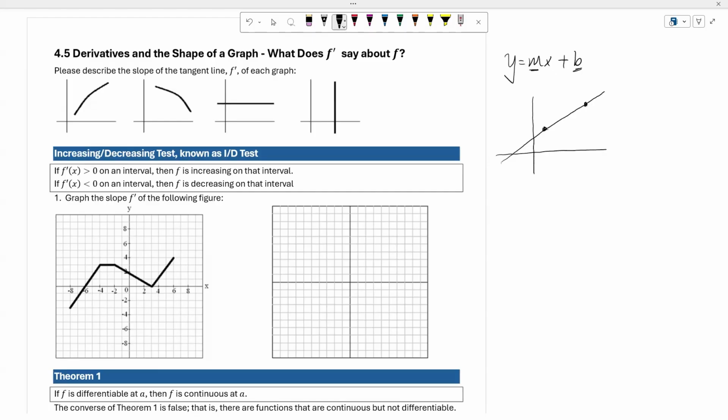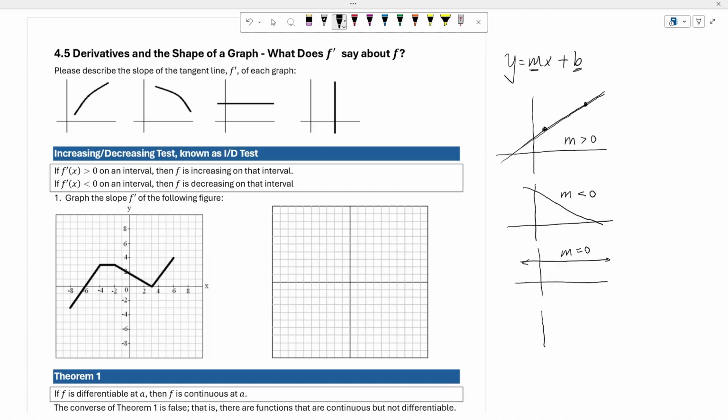If the line is increasing like this, then we say that the slope is positive. If the line is decreasing, then the slope is negative. If we have a horizontal line, then the slope is 0.